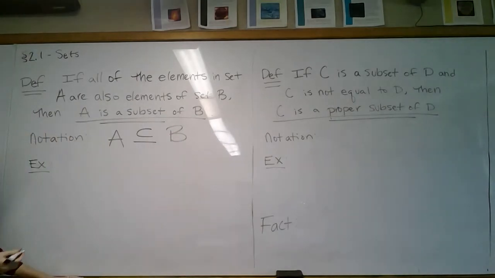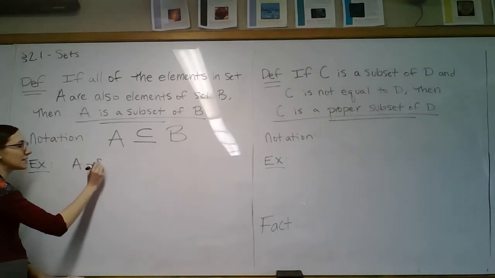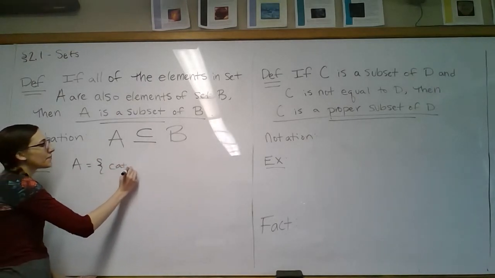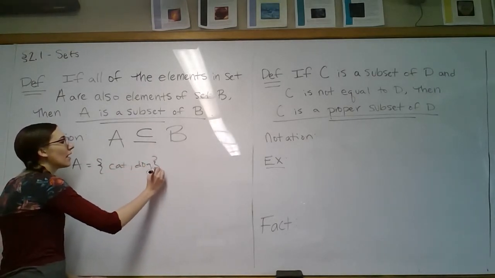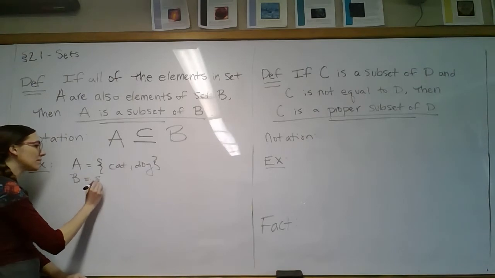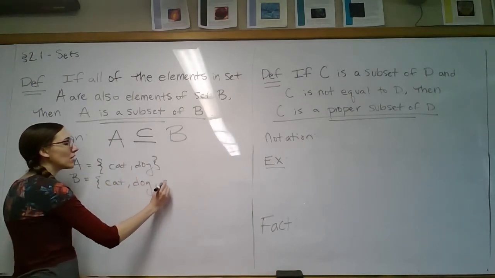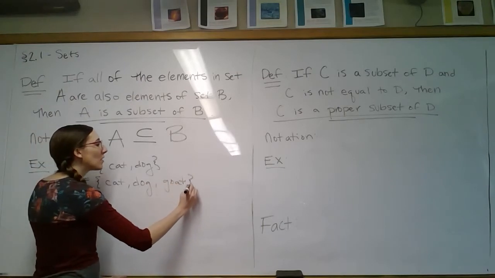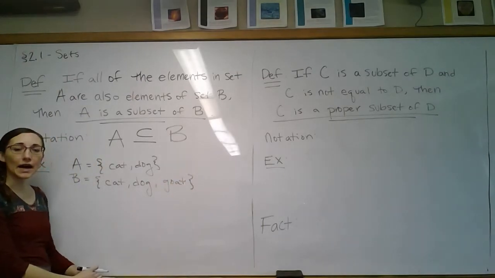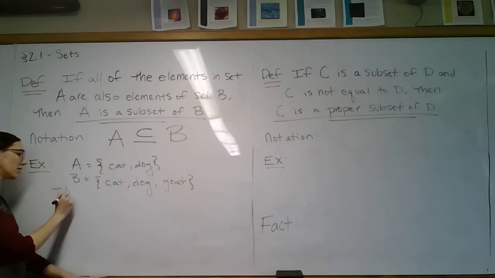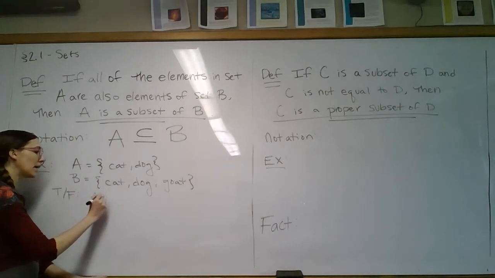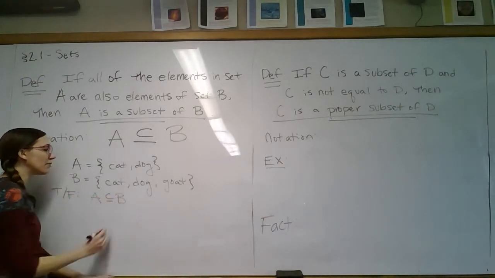So we could look at a couple examples. Let's say A is the set containing cat and dog, and let's say B is the set containing cat, dog, and goat. If I take a look at this, I could ask true or false: is A a subset of B?